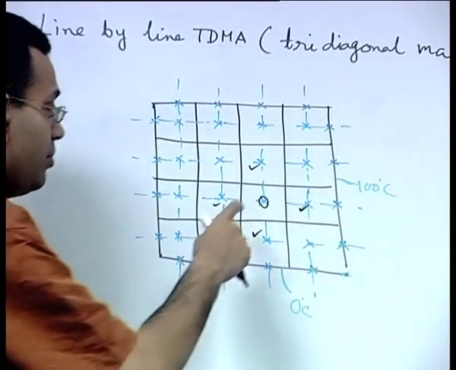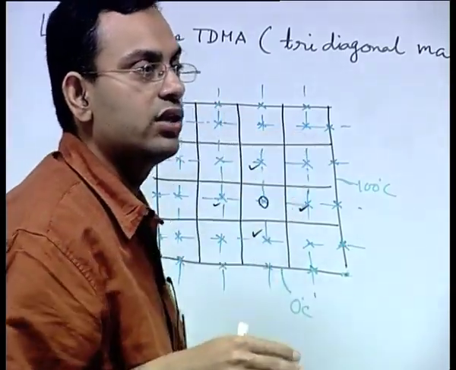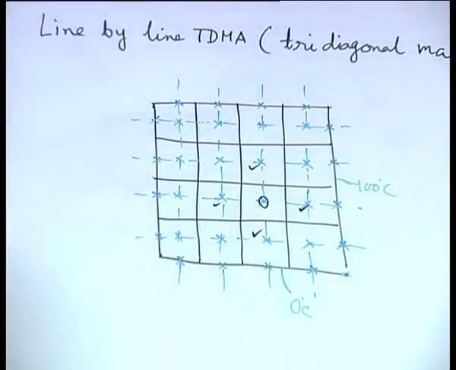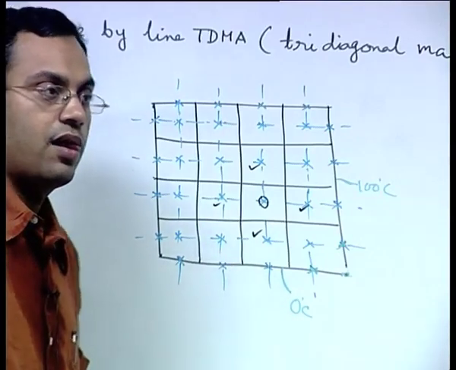So the grid point plus the 4 neighbors will form 5 elements of 5 diagonals. The grid point will contribute to the main diagonal and the other points to the immediate next diagonals adjacent to the main diagonal. So it is a pentadiagonal system.